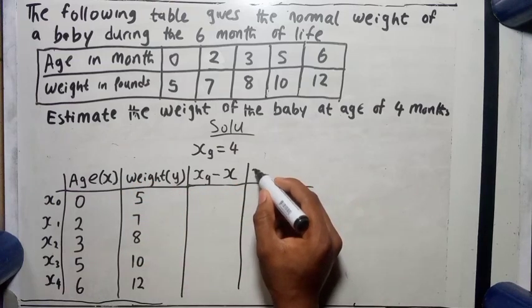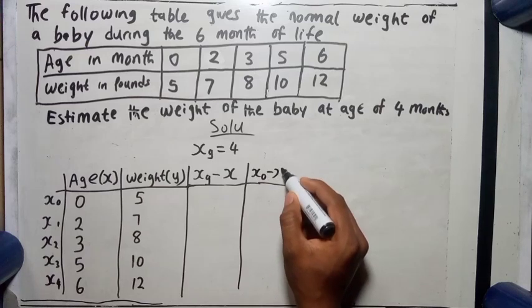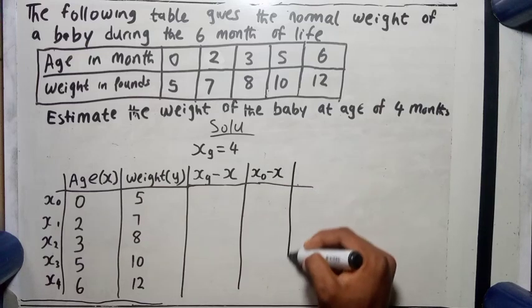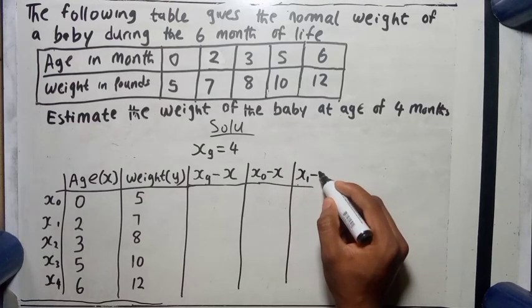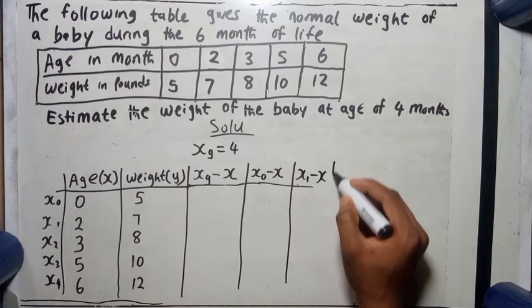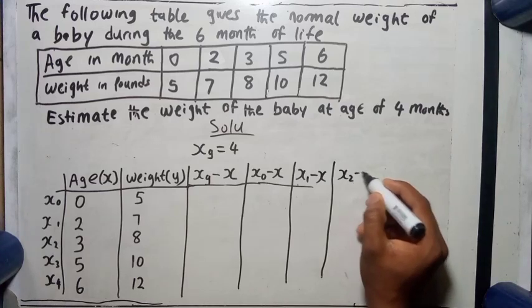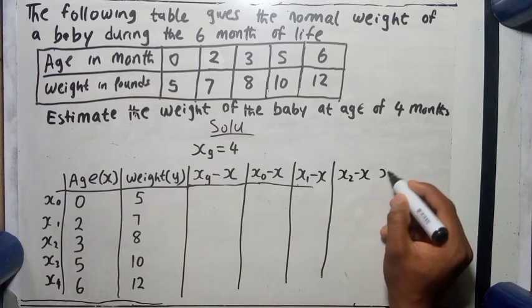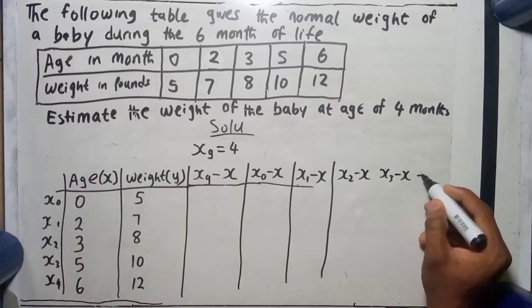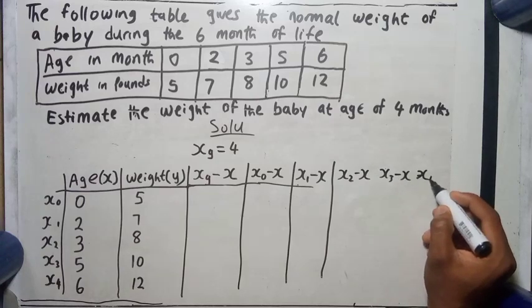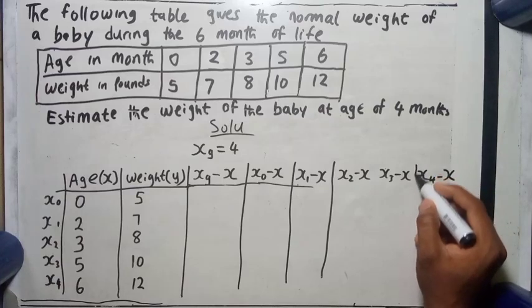We're making it for x0 minus x, x1 minus x, x2 minus x, x3 minus x, x4 minus x.